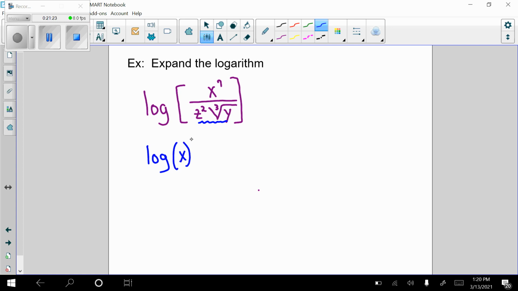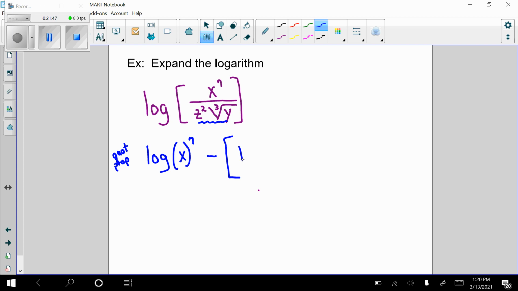Okay, so I'm going to have log x to the 7th power. I'm applying my quotient property. Quotient creates subtraction. So since I have that multiplication problem in the denominator, I have to be really careful and keep things grouped together.